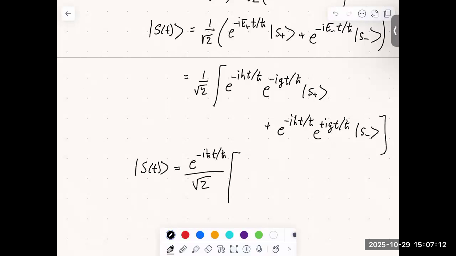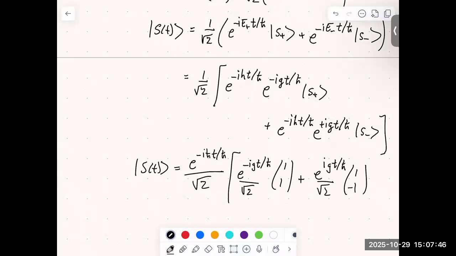And then for the S plus, I'm going to put in our column vector, e to the minus i g t over h bar, 1, 1, which was our S plus state. And I guess it probably has a factor of root 2 as well, doesn't it? And then we get plus e to the plus i g t over h bar, 1, minus 1, and it also had a factor of root 2.